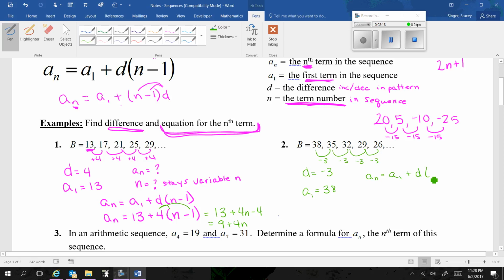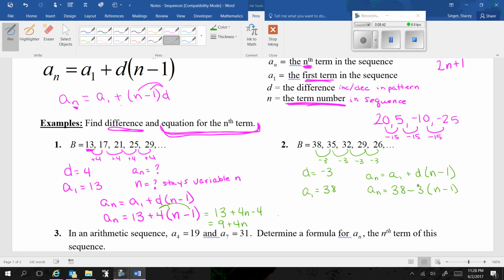And then I want to plug it into my equation. So a sub n is the formula I'm trying to figure out, the equation I'm trying to figure out. A sub 1 means my first term in my sequence, which is 38, plus my difference, or if I'm adding a negative 3, I'm really subtracting a 3, right? Times n minus 1.